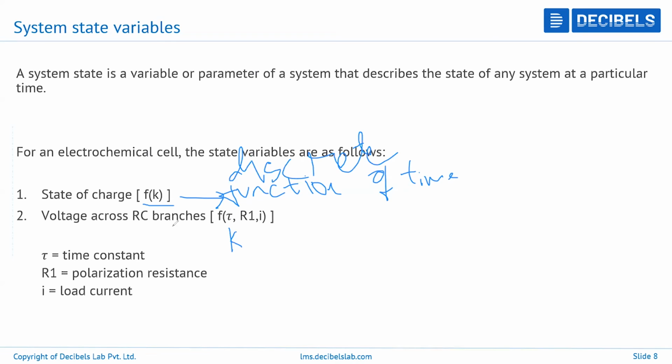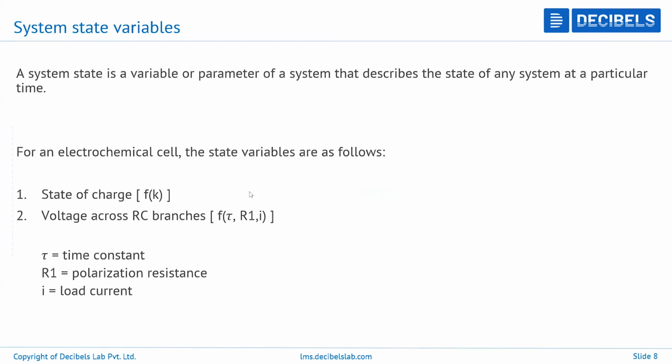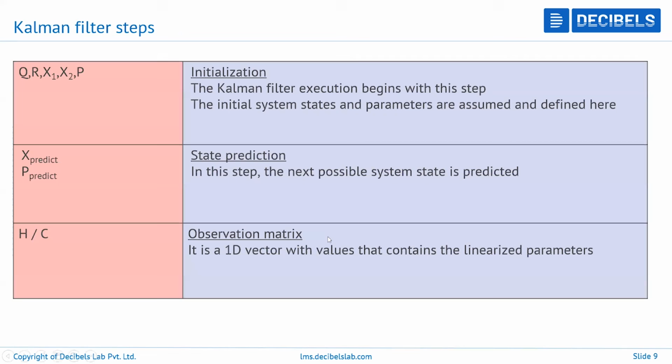These are the two state variables, and as I said, they can be further classified into multiple types of voltage across RC branches depending upon what model is being considered. These are the types of system variables you can understand when you're going for system modeling with the state space approach, especially the discrete approach.